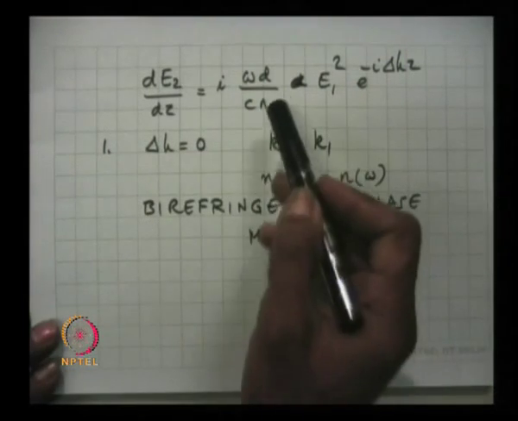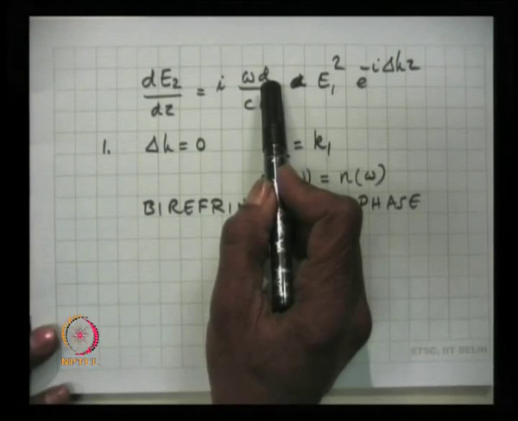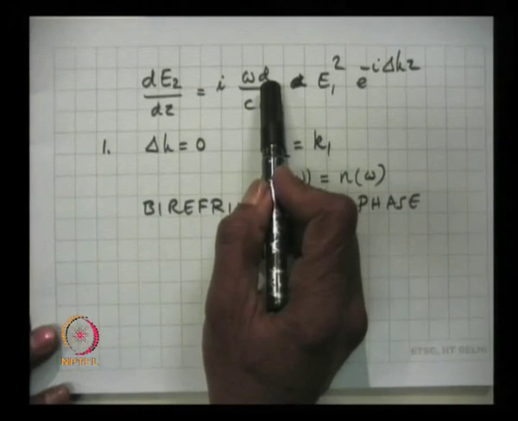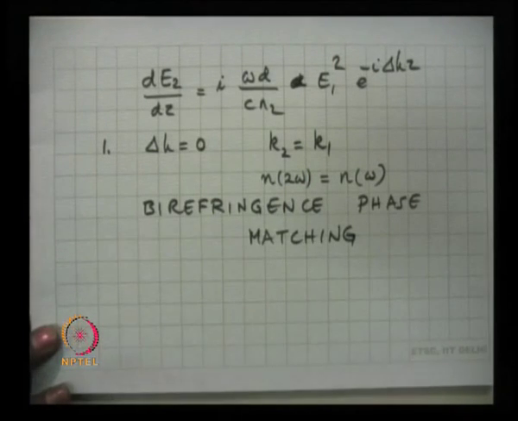The other technique is to introduce a z dependence of this nonlinear coefficient d. D is in our analysis assumed to be a constant. Suppose I modulate d along the propagation direction periodically. A periodic variation in d will have Fourier components, spatial Fourier components.